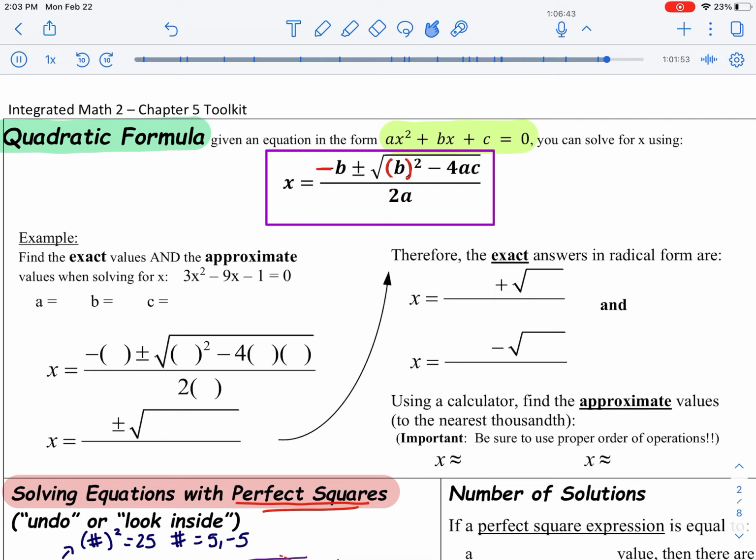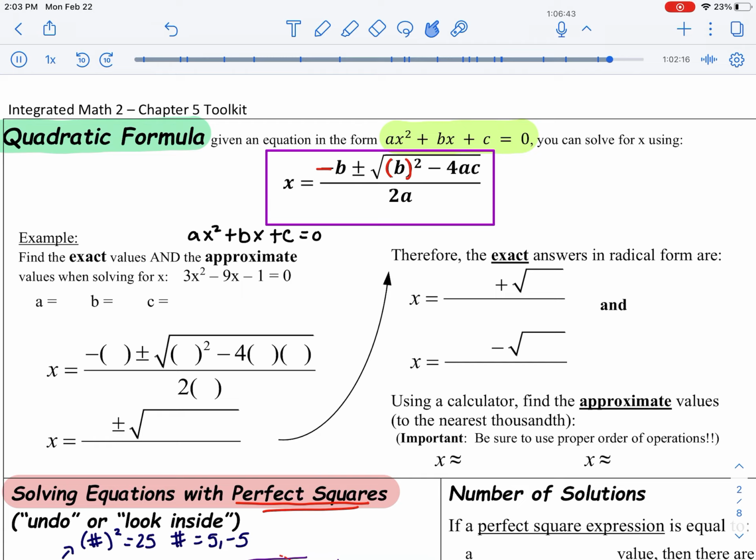Let's look at this in action. I'm given the equation 3x squared minus 9x minus 1 equals 0. That is in my form ax squared plus bx plus c equals 0.